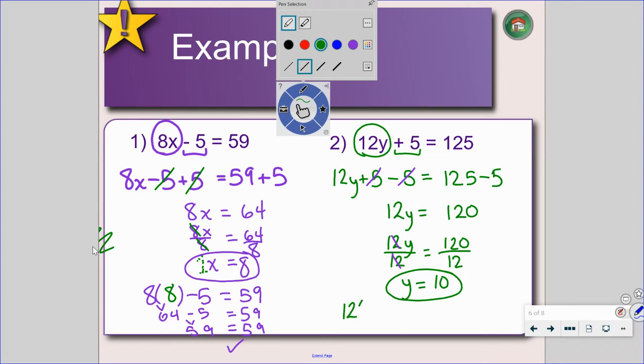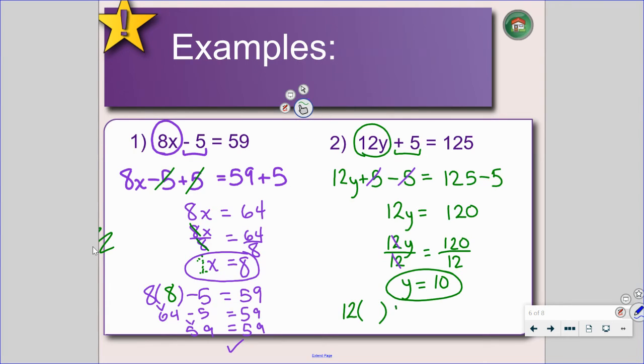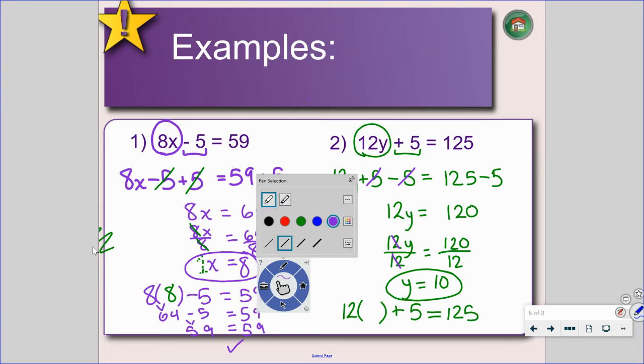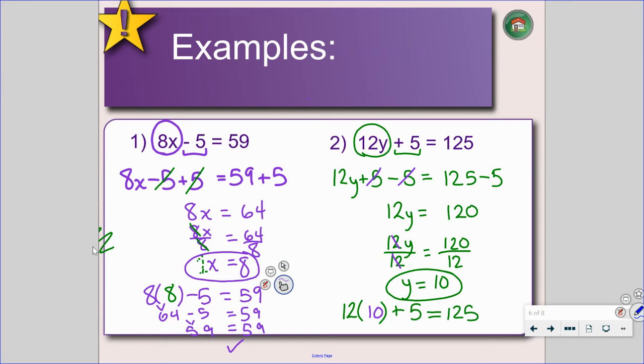Let's find out. 12 times some missing number, adding 5 equals 125. Let's substitute in 10 and see if this really does work. Well, naturally, 12 tens, order of operations, let's do our multiplication first. 125 looks to me like it sure equals 125.